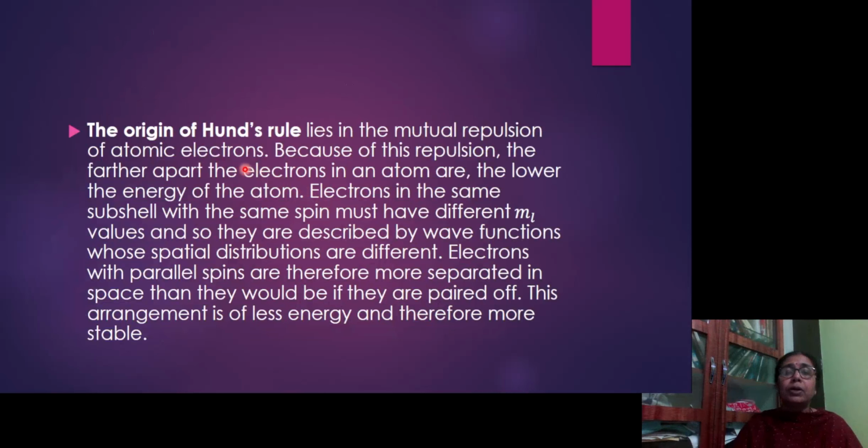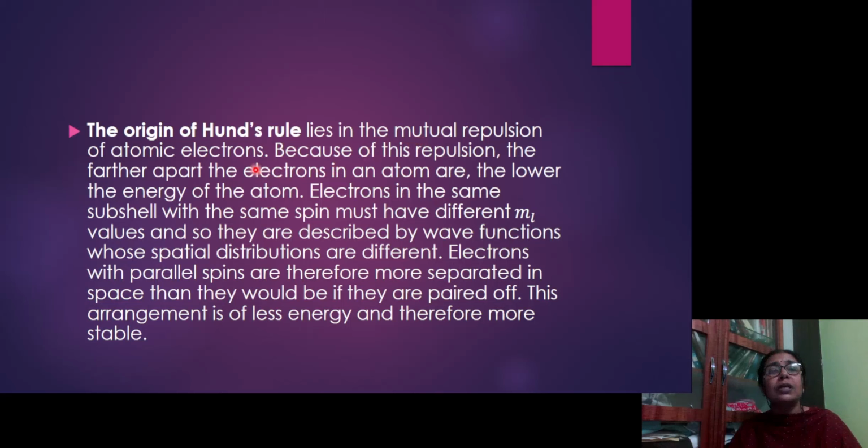Now, the origin of Hund's rule, or the physical reason behind Hund's rule, we can see if we consider the mutual repulsion between the electrons and its relation to the energy of the atom.